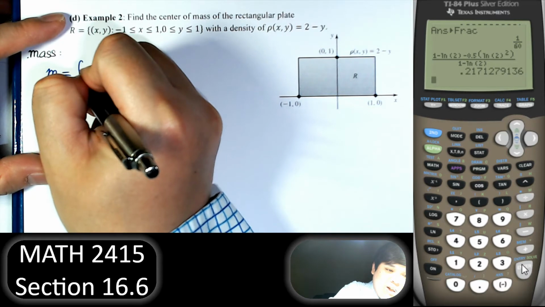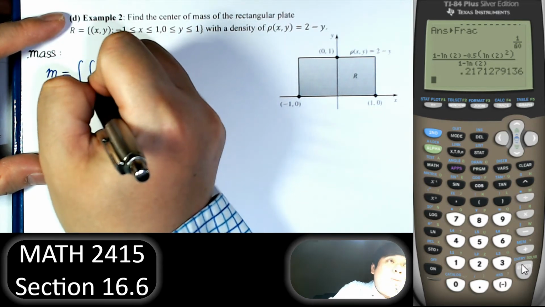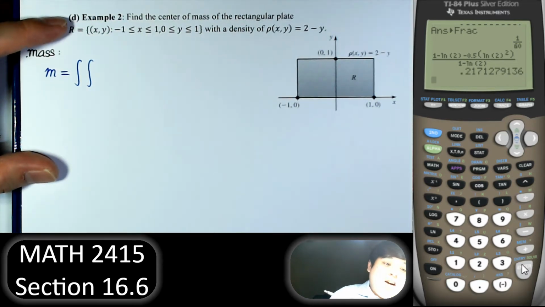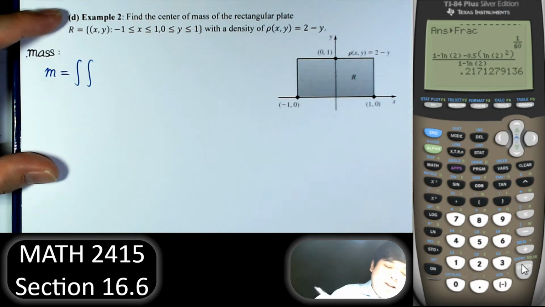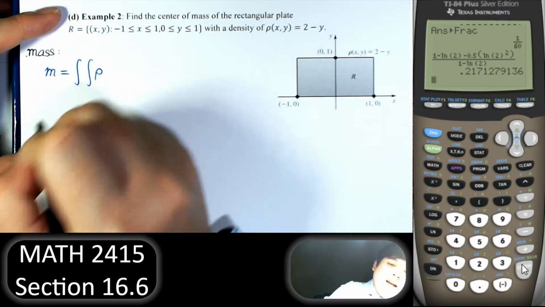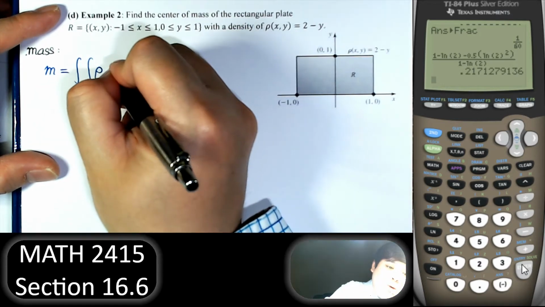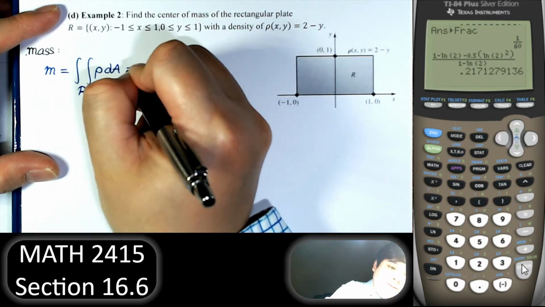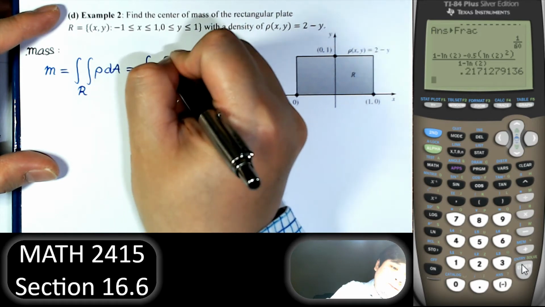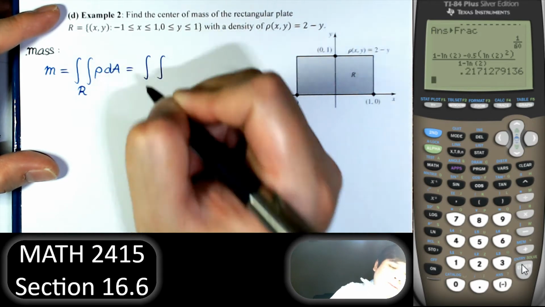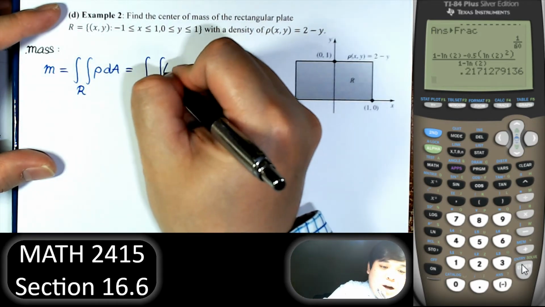So that's easy. Now very promising because when the limits are constant, and if the function is separable, we definitely will use Fubini's theorem. Right. Density function is 2 minus y.